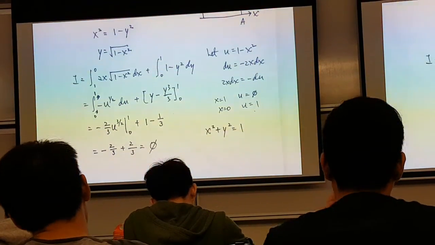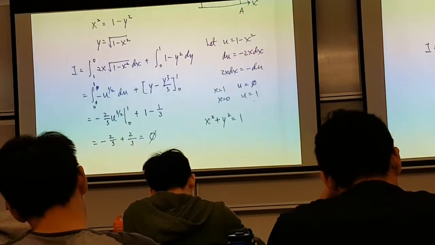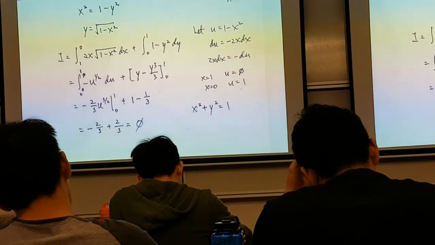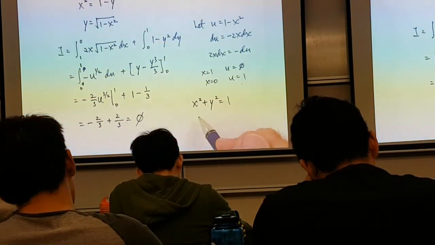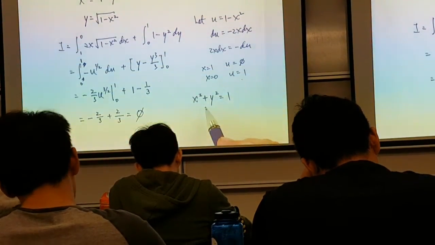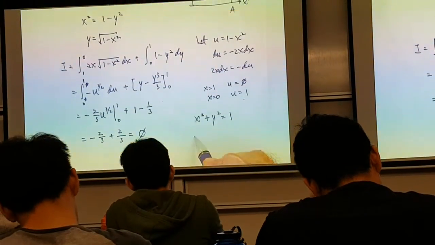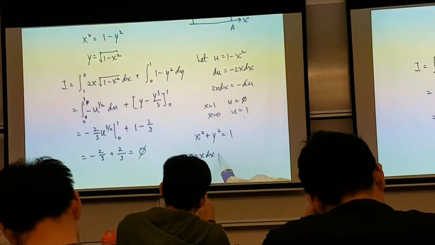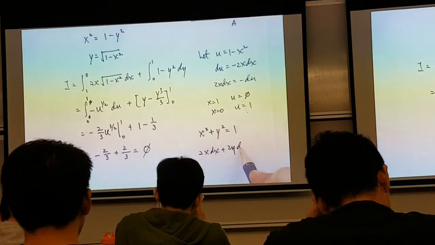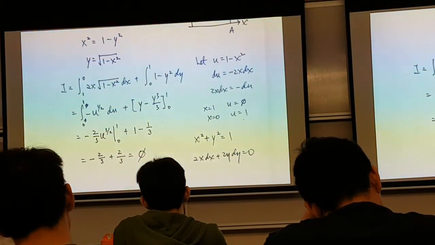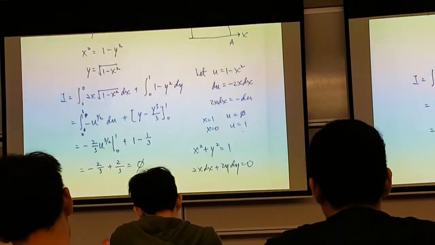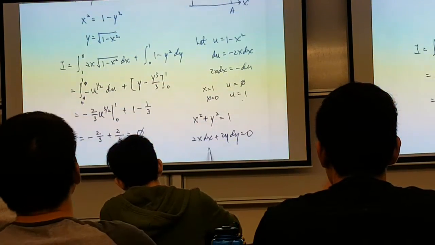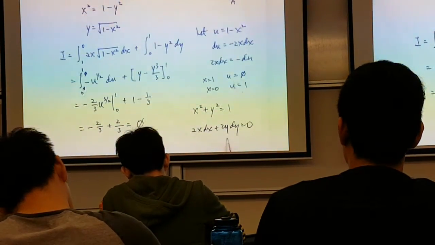So can I try to find out the differential relationship? You have x squared plus y squared is equal to 1. So as a result, you can write 2x dx plus 2y dy is equal to 0.